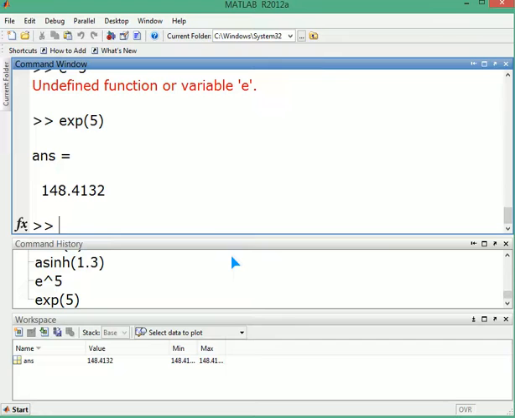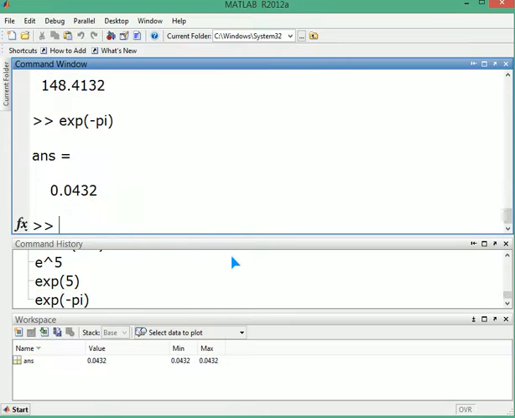And you might have seen e to the power pi, e to the power 2 pi, Fourier series, Fourier transformation, all that. For that, you may pass pi directly inside it with some coefficient like -2, -3, and so on. So minus pi. Again, you will have the answer.